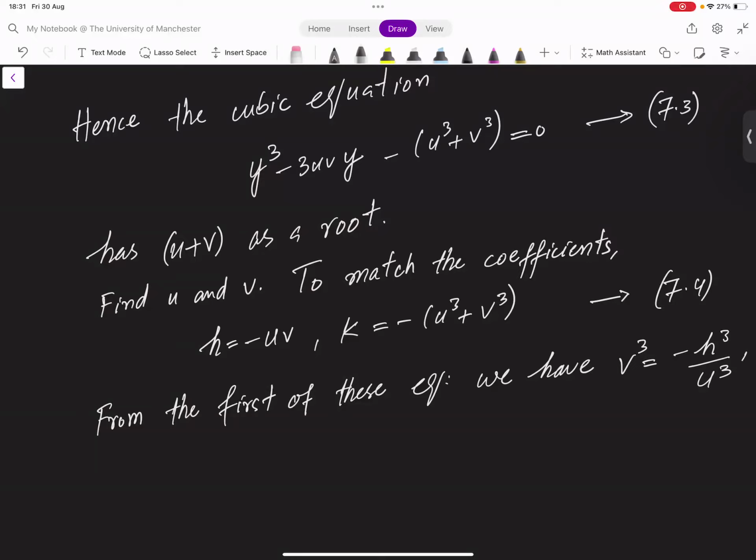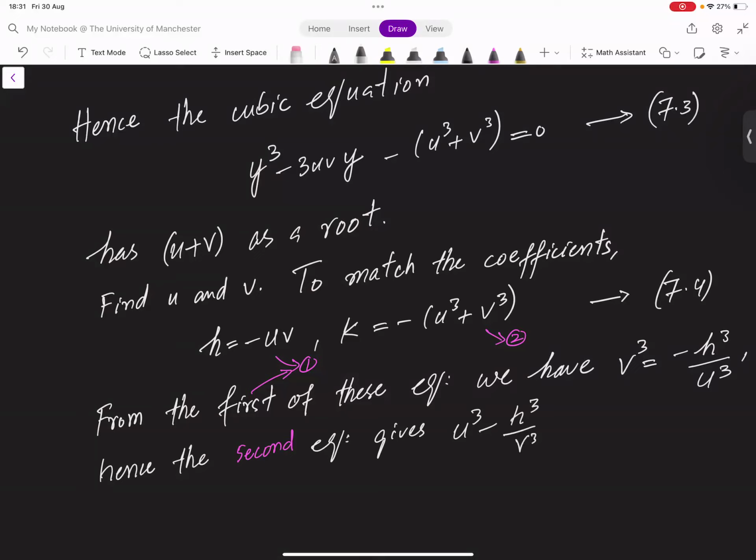Hence the second equation gives u cube minus h cube over u cube is minus k.